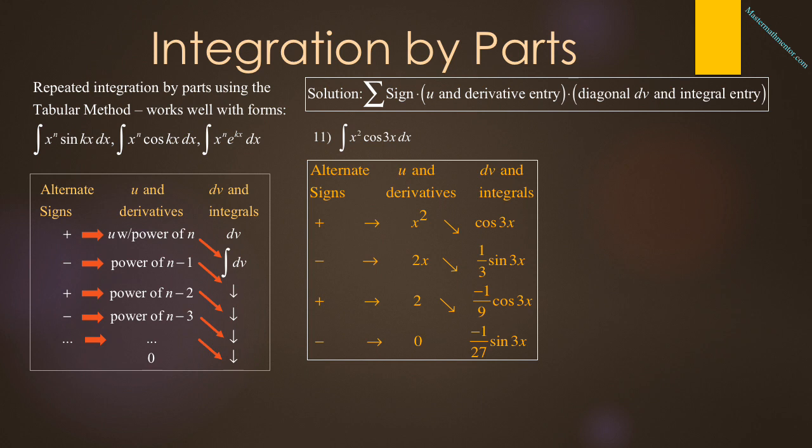The sign column will be plus, minus, plus, minus. The dv and integrals will be, starting with cosine of 3x, the integral of that is 1/3 sine of 3x. The integral of that is negative 1/9 cosine of 3x. And the integral of that is negative 1/27 sine of 3x.